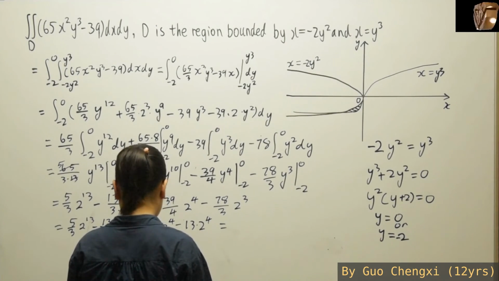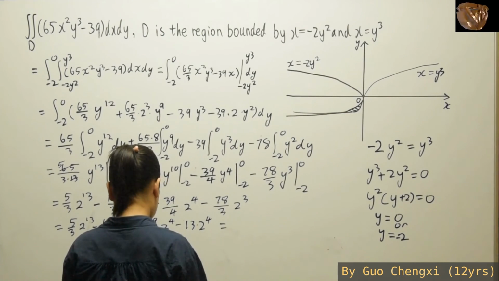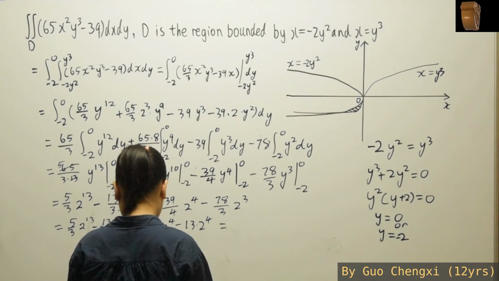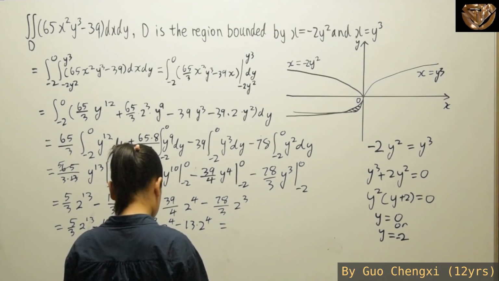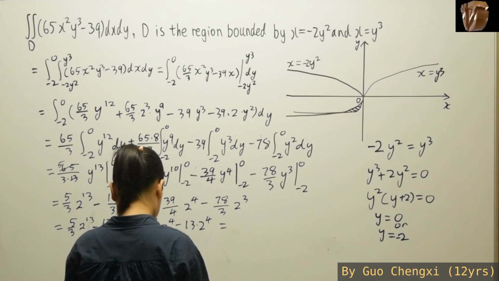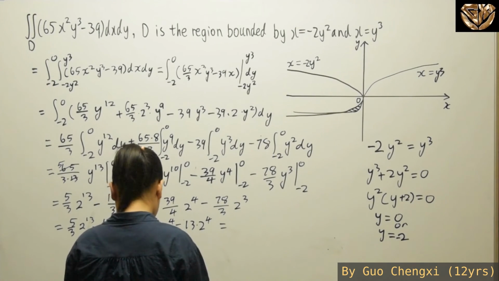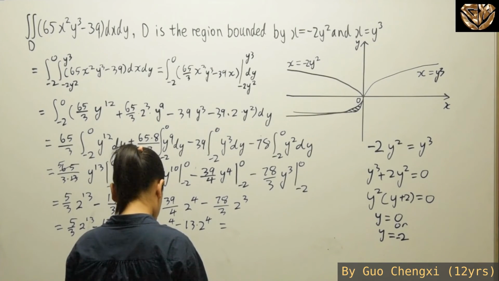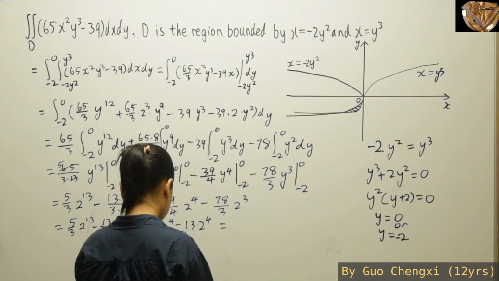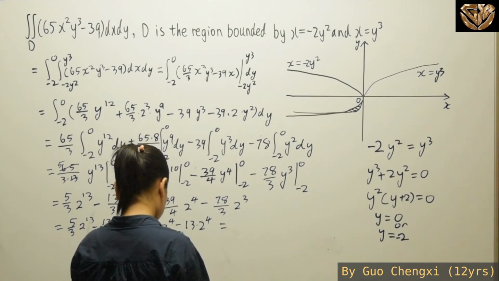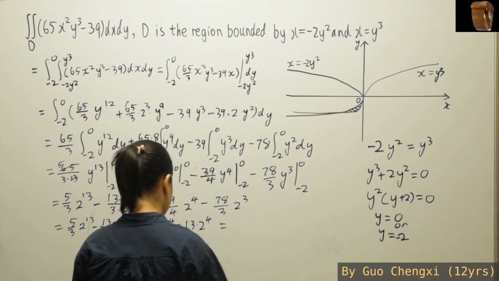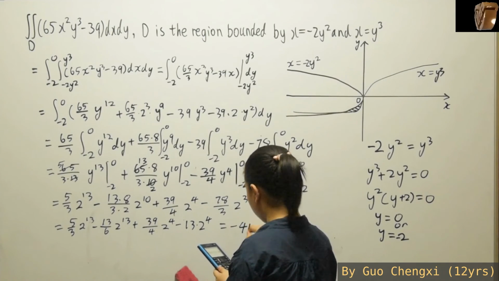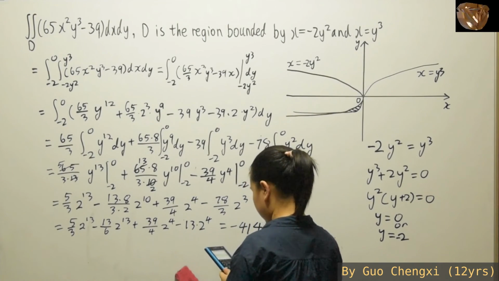So give me a sec. So for this part, if you calculate it, you're going to get negative 4148.